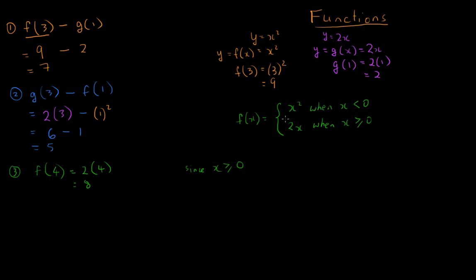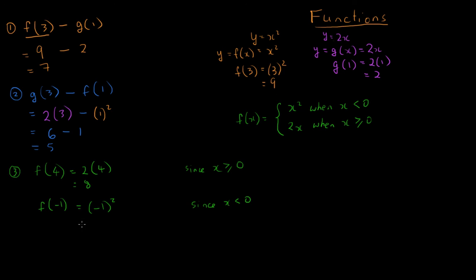Now if it was less than 0, if x was, let's say, a negative number, so f of minus 1, if it was negative, then we have to use the first rule because minus 1 is less than 0. So since x is less than 0, then this rule is different. This rule is we square the x, we square the minus 1.